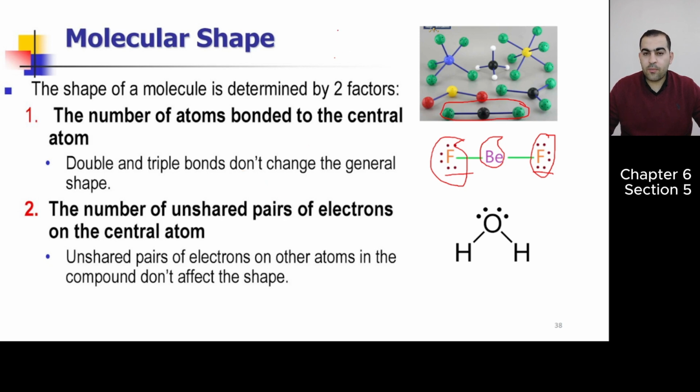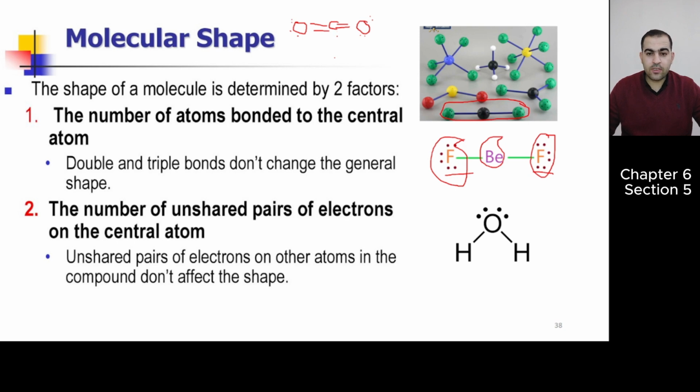So here, for example, CO2. This is a Lewis structure. Okay, each oxygen has 2 lone pairs. Here there's a double bond, isn't it? Two atoms, two oxygens, are bonded to the central atom, to carbon. But there is a double bond, and a double bond doesn't affect the shape.